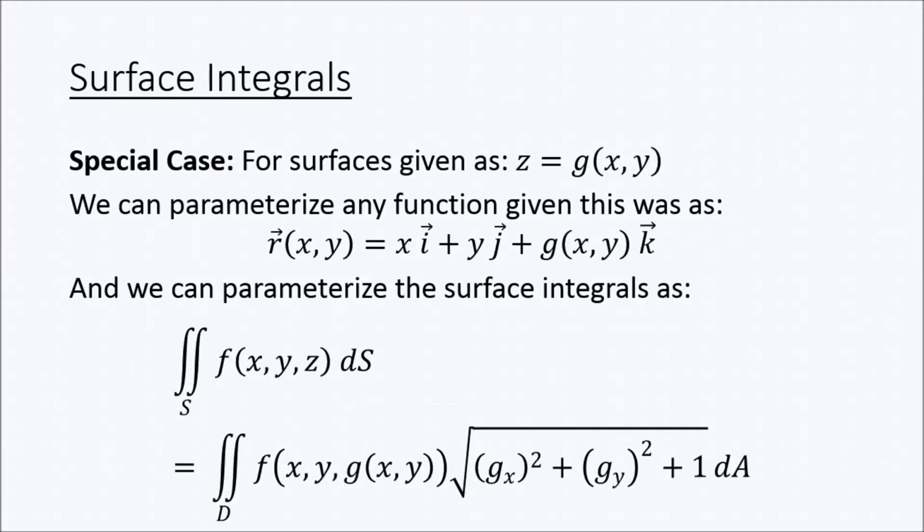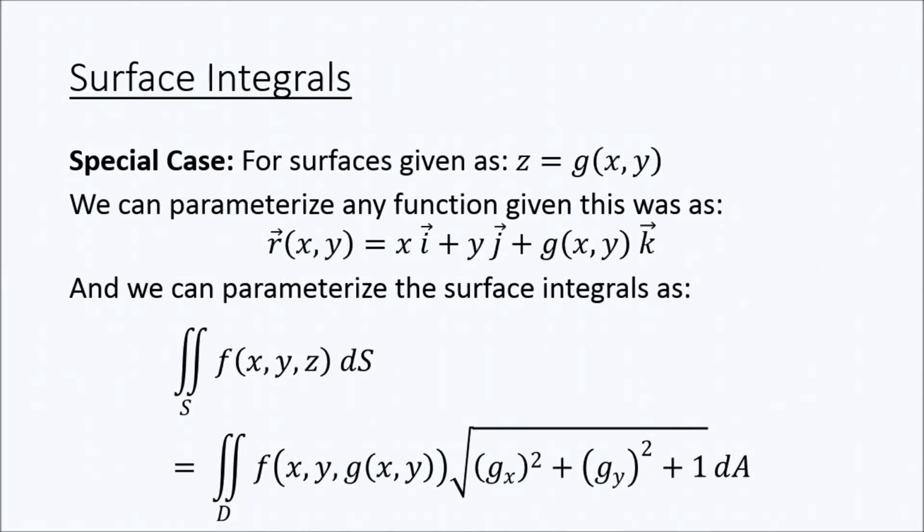The scaling factor, that Jacobian, is still the magnitude of the cross product, but we can simplify it: it's the square root of the partial with respect to x squared plus the partial with respect to y squared plus 1, where of course 1 would be the partial with respect to z squared, but that's just 1, and 1 squared is 1. We use that formula.